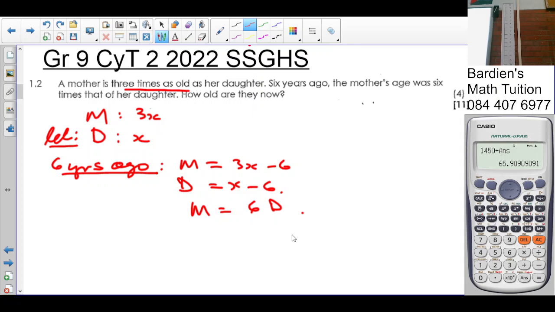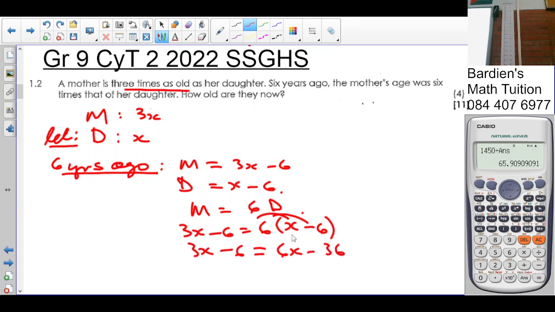How old are they now? So 6 years ago, the mother was 3x minus 6, the daughter was x minus 6. Get rid of the bracket there. So it's 6x minus 36 is 3x minus 6. So it becomes 3x minus 6x, negative 36 plus 6.